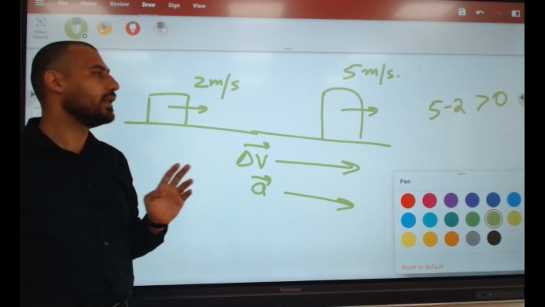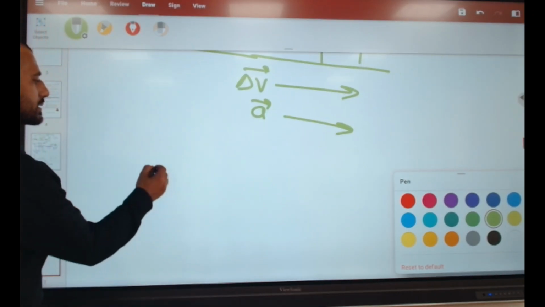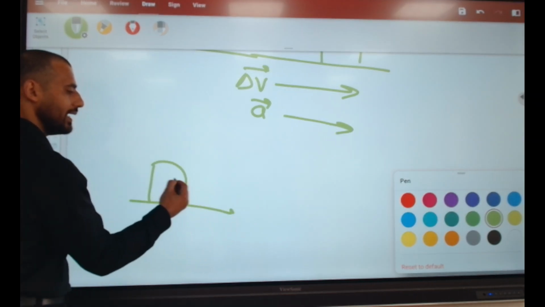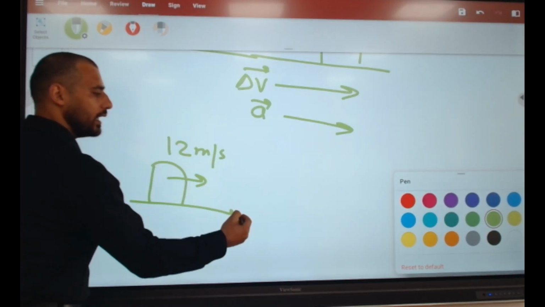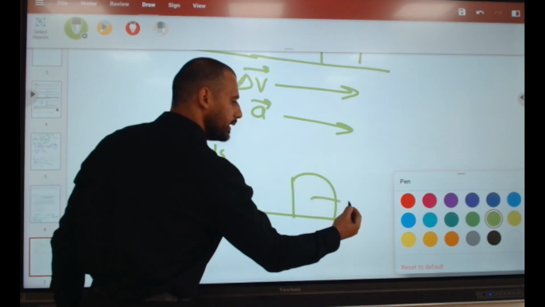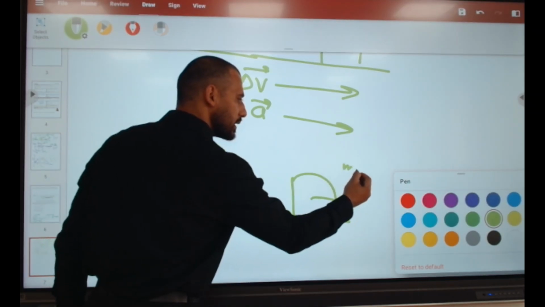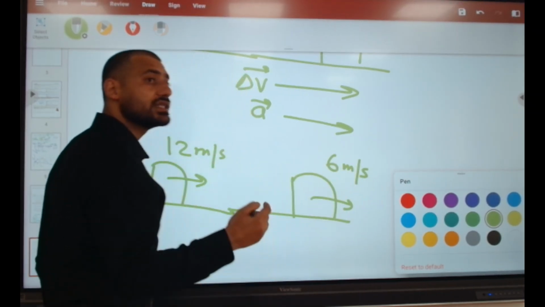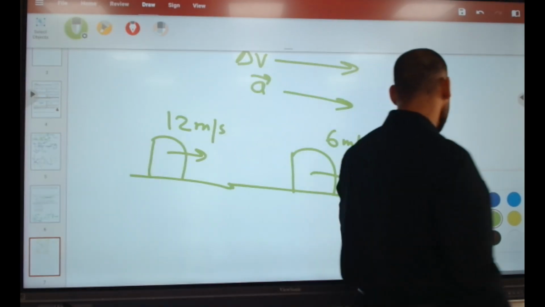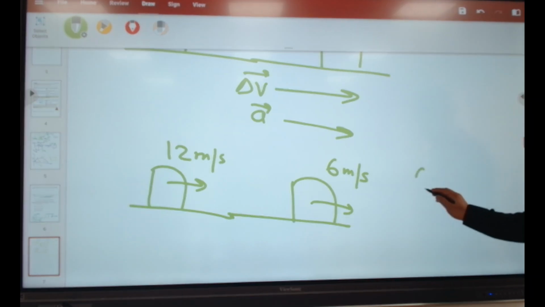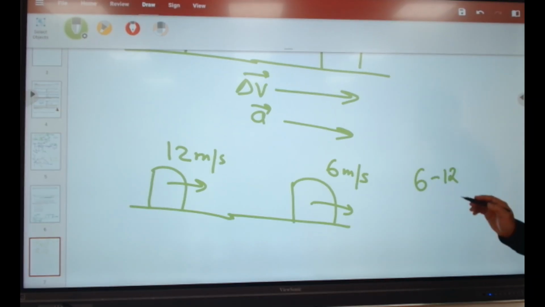Is that fine? But if, for example, you have a box moving with say 12 meters per second, and after some time, its speed is only 6 meters per second. What is the change? Yes? Change is final minus initial.